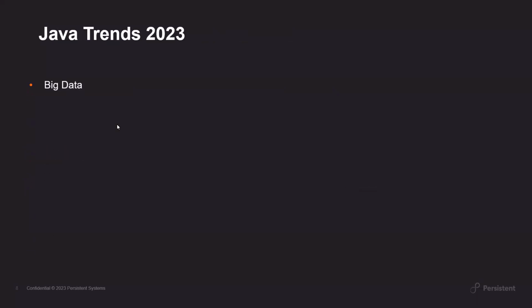First is big data. Backend engineers are well acquainted with the concept of data management. But big data requires some attention, as big data refers to large and complex data sets, and we need to maintain these large data sets.